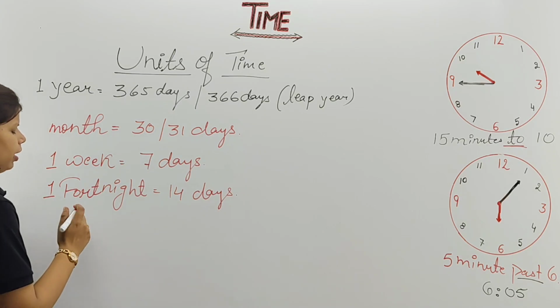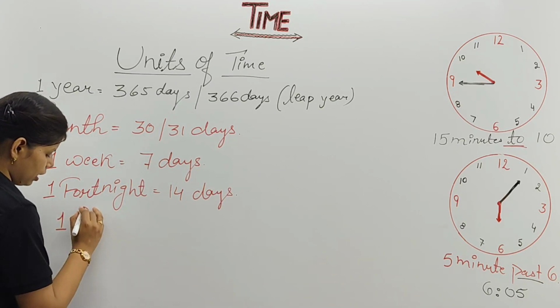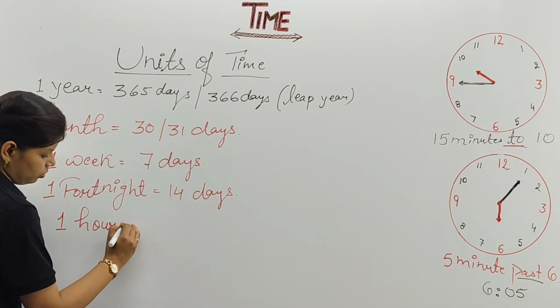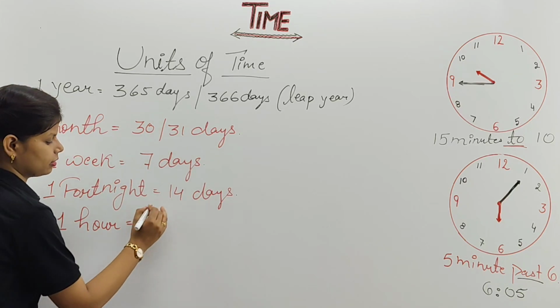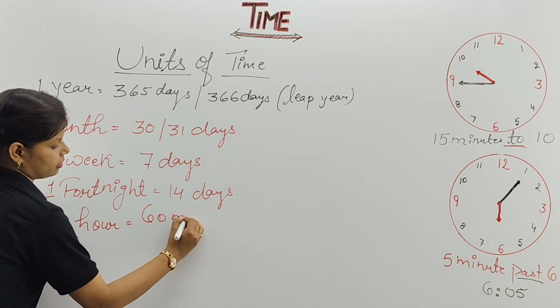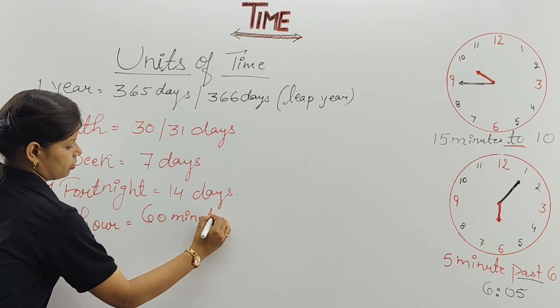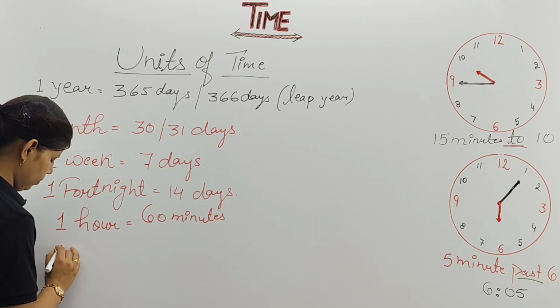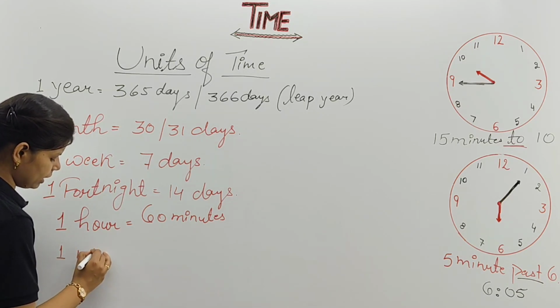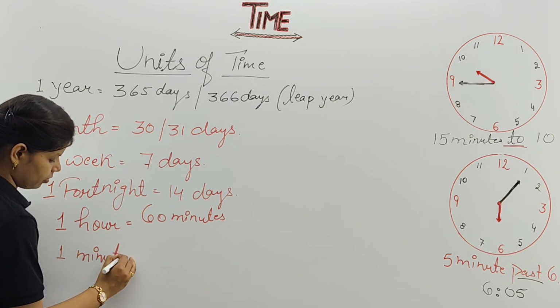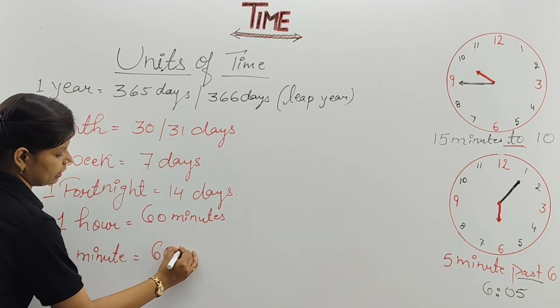Clear? Another one. 1 hour equal to how many minutes? 60 minutes. Now 1 minute equal to how many seconds? 60 seconds.